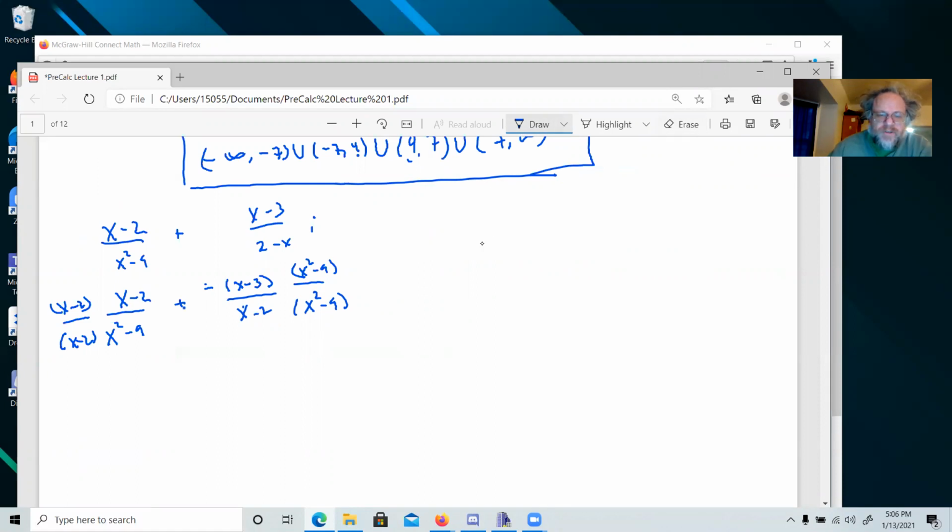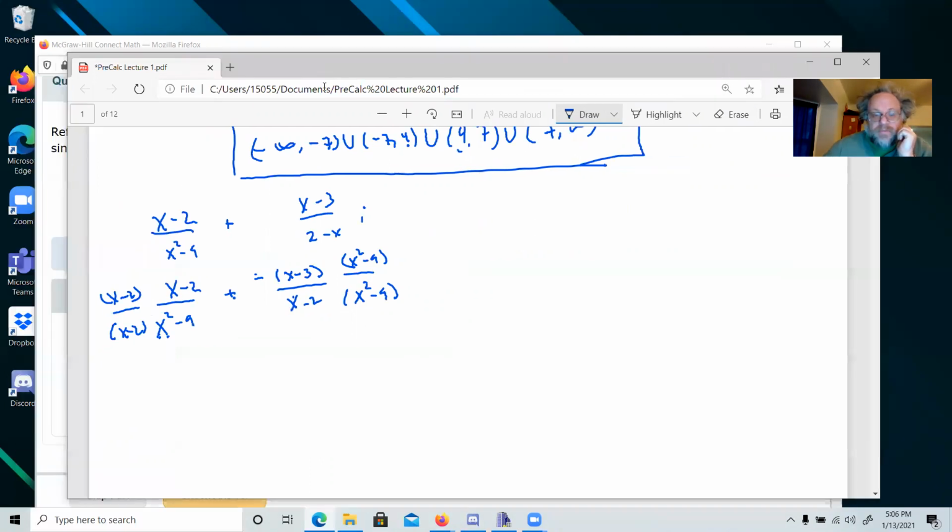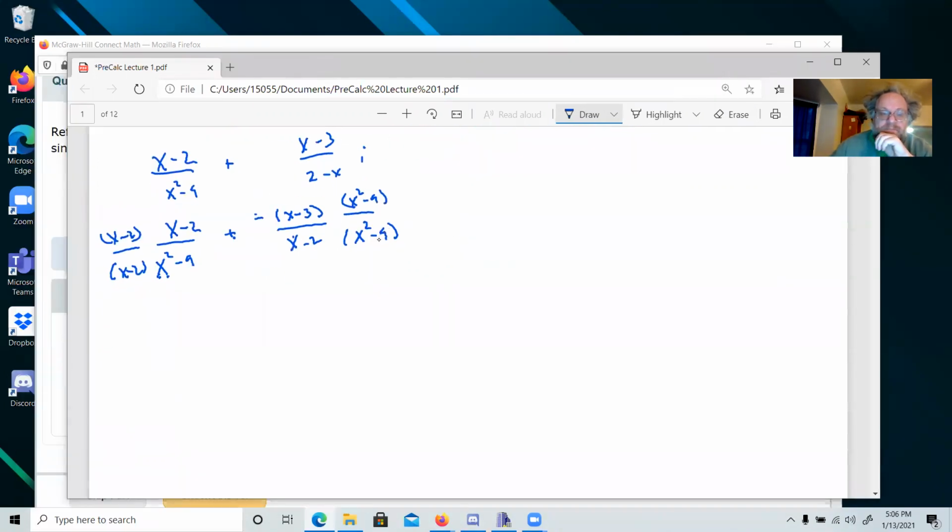There's x minus 2 there. So what's going to happen here is that this denominator is going to match this one, and this denominator is going to match that one. I'm glad I checked this one out because, quite honestly, I was not interested in doing all of this. So this is going to be a minus.